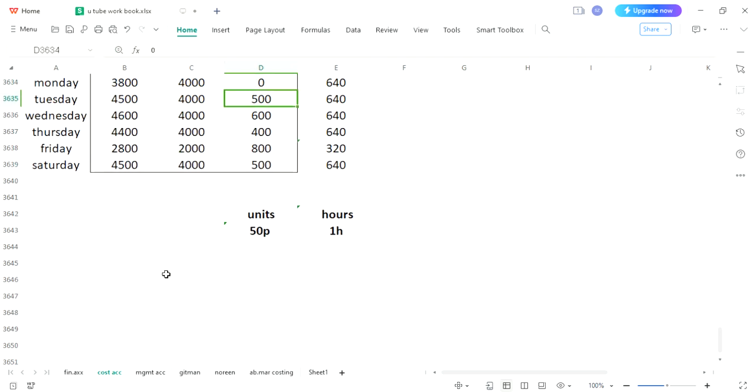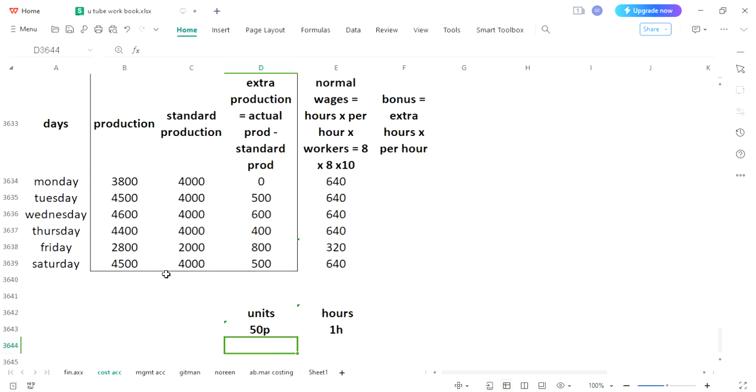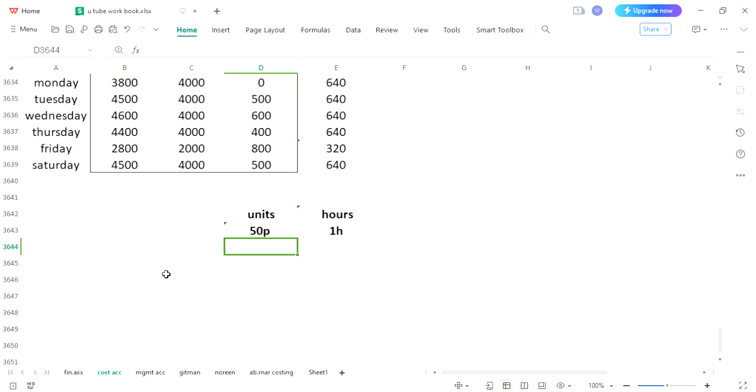These are the different numbers of pieces which were extra production. On Monday, no extra production. On Tuesday, 500. So we want to know how much time is needed to produce 500 pieces. Again, we will cross multiply. X would be multiplied by 50. We will get 50x. On the other side, 1 would be multiplied with 500.